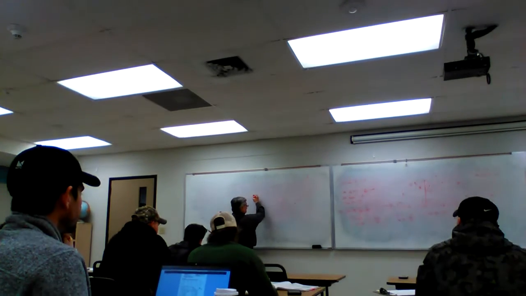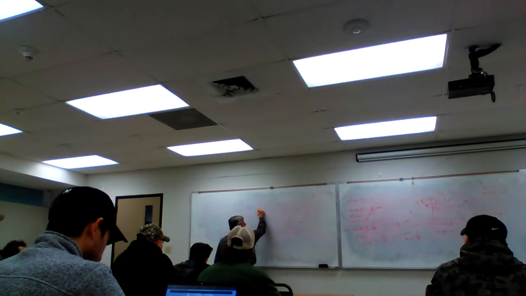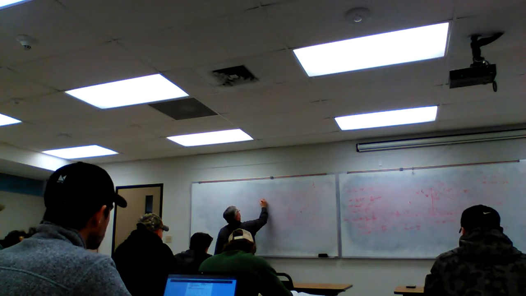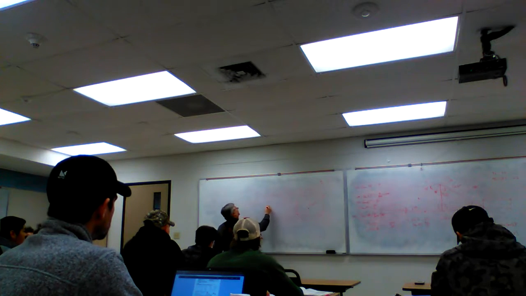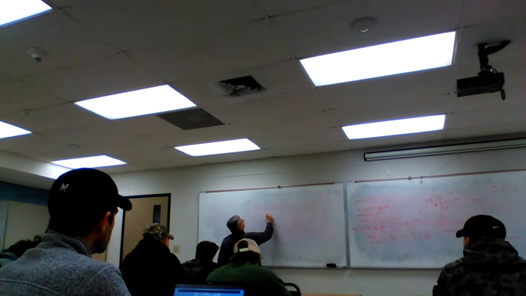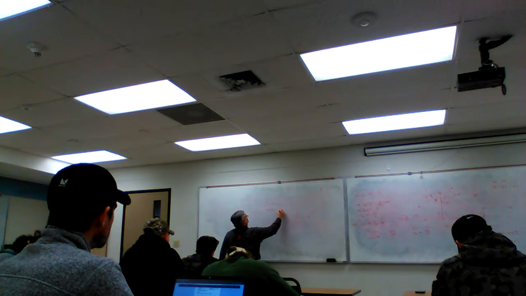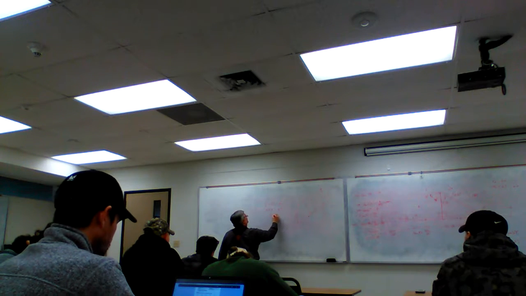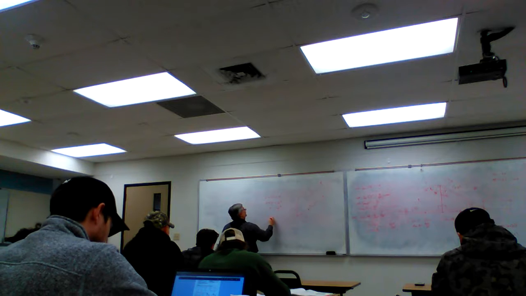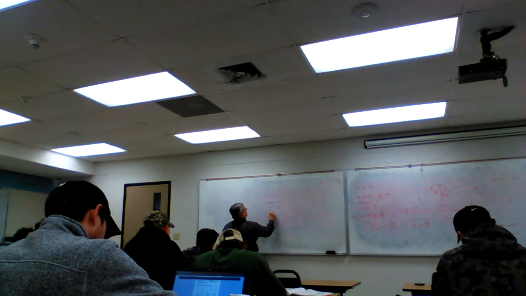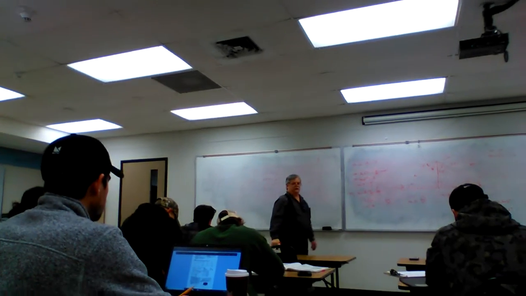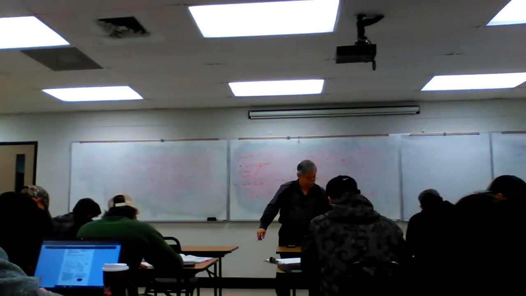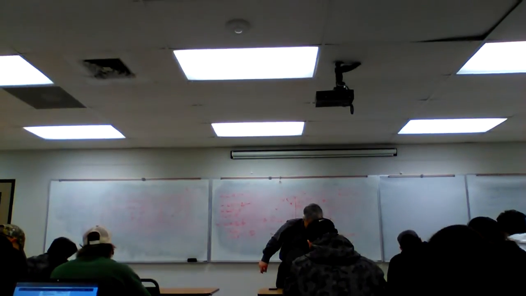Pythagorean theorem. So we know that 2 squared plus 2 squared equals that length squared. So 4 plus 4 equals L squared. 8 equals L squared. Square root of 8 equals L. Now, are we looking for an exact value or just no?